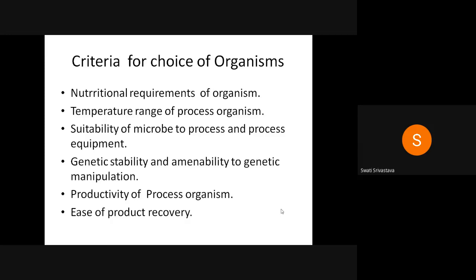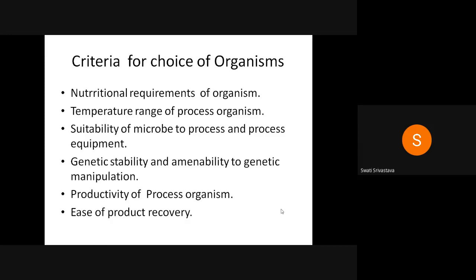Second thing, when we talk of amenability to genetic manipulations, you are trying to insert some kind of foreign gene or change the genetic composition of the microbe. So it should be available for that genetic manipulation.